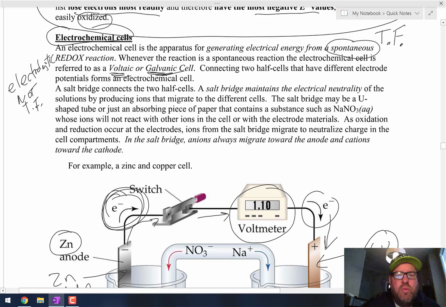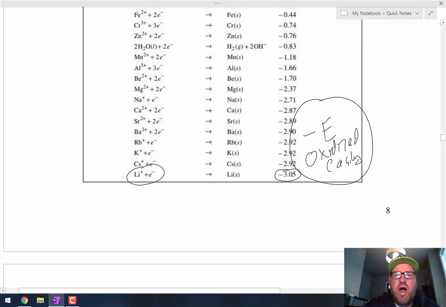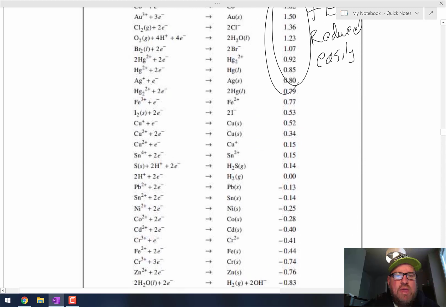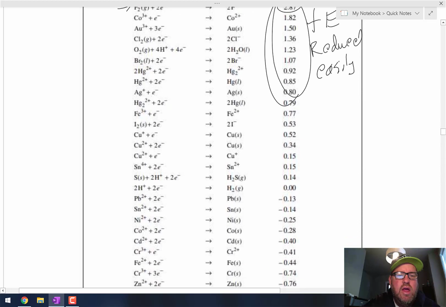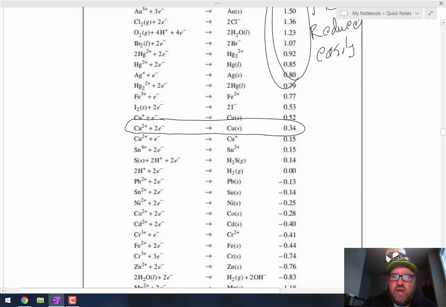One of the ways that we know that's going to happen, if it's a zinc copper voltaic cell, is we can come back up here and see where copper is. Here's copper right here. Copper 2 plus gaining 2 electrons has a cell potential of positive 0.34 volts.